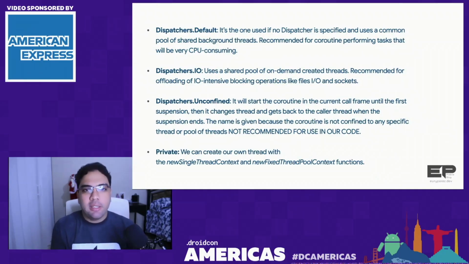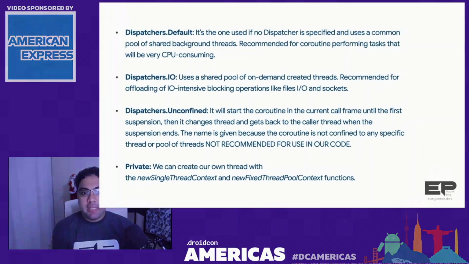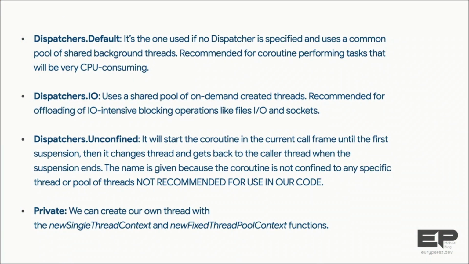So these are the different types of dispatchers. First we have the default, and this is used if we don't pass any dispatcher when launching a coroutine or when creating a new coroutine scope. The default dispatcher uses a common pool of shared background threads. This is recommended for coroutines performing tasks that will be very CPU consuming. Secondly, we have the I/O dispatcher, which is the example we just saw in the previous example.